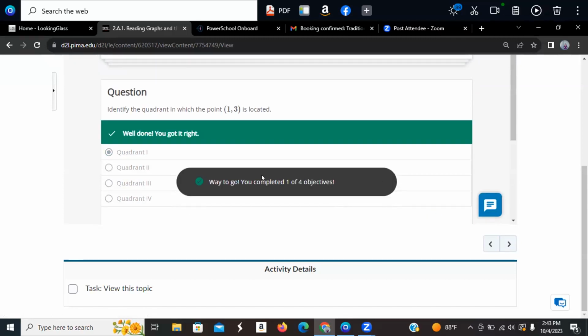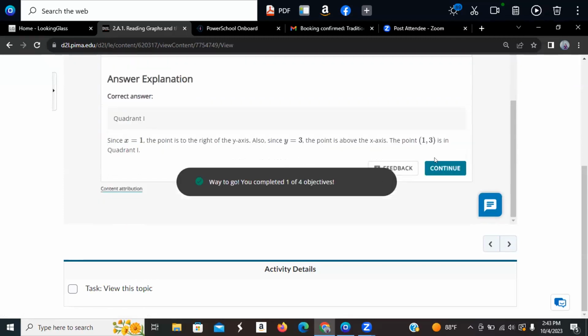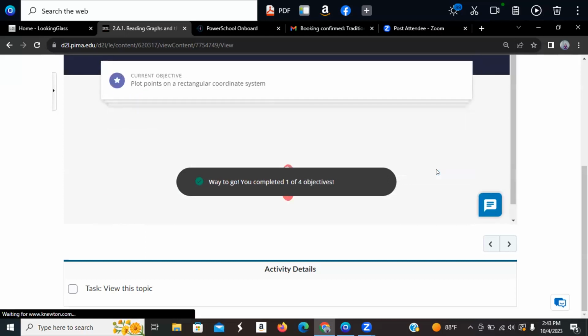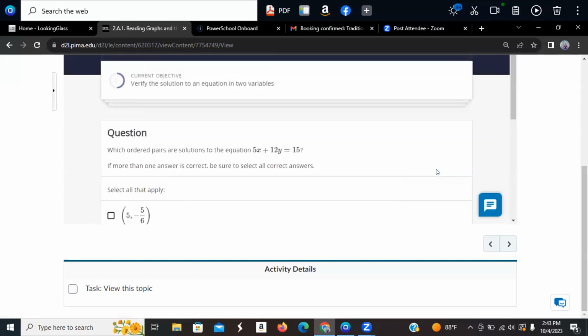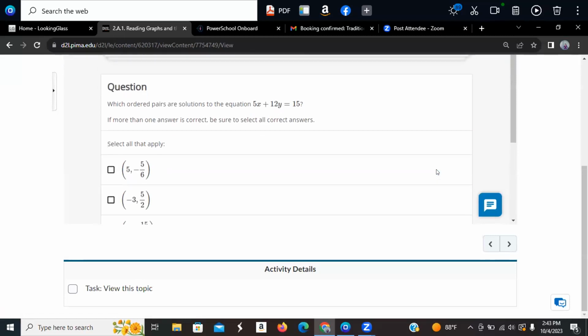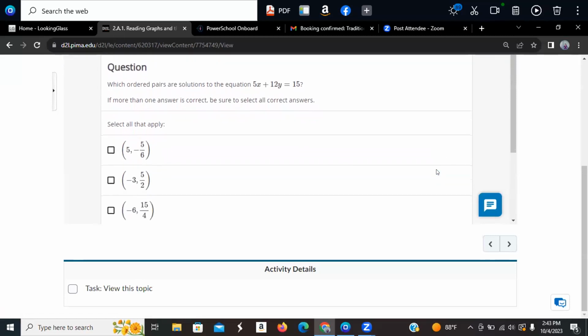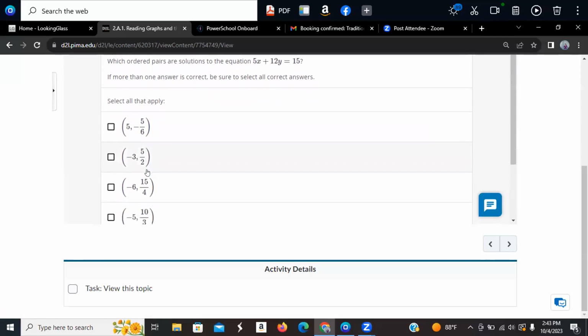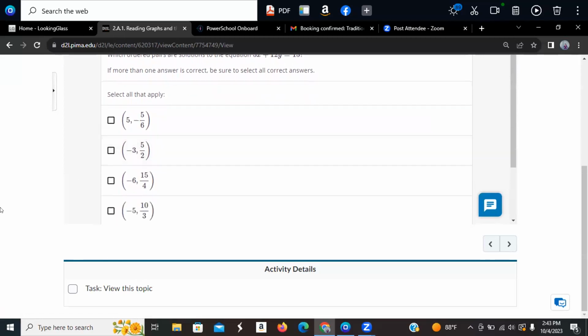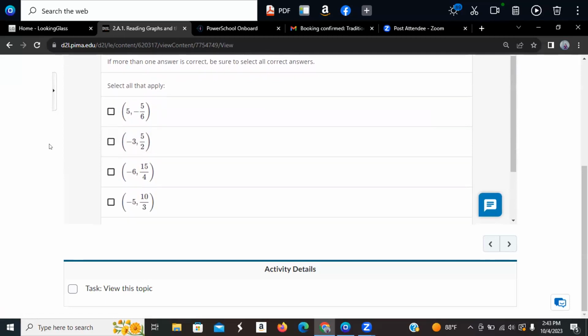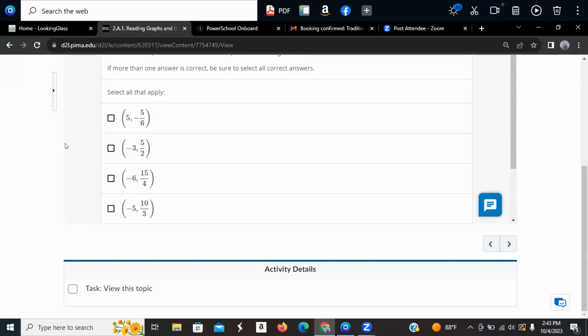Good. Right. So we did one like this. If you want to scroll down, this one's got some fractions. Keep going if you can. They're just the three answers. Let me scroll up just a tiny bit so I can grab that. Sorry, other way.